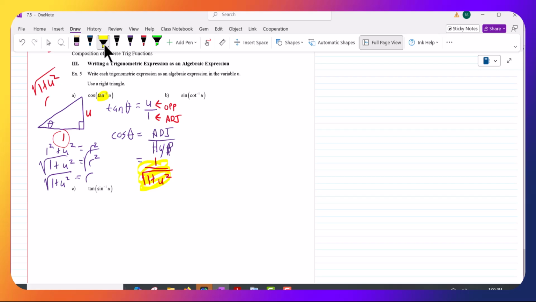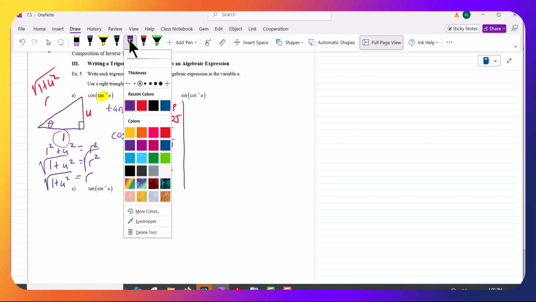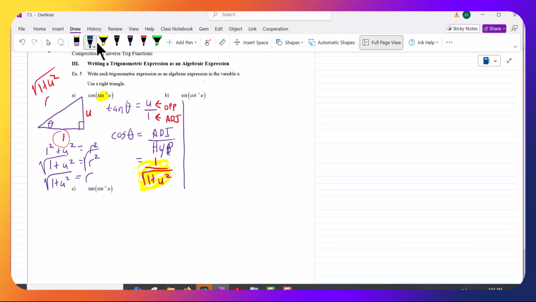If you take Calculus 2 someday, you'll work with a certain kind of problem where you have to reason this out. Okay? So that's how you figure that out. All these problems are going to be reasoned out with a triangle. Next problem, look at the inverse cotangent piece and just draw out a triangle.